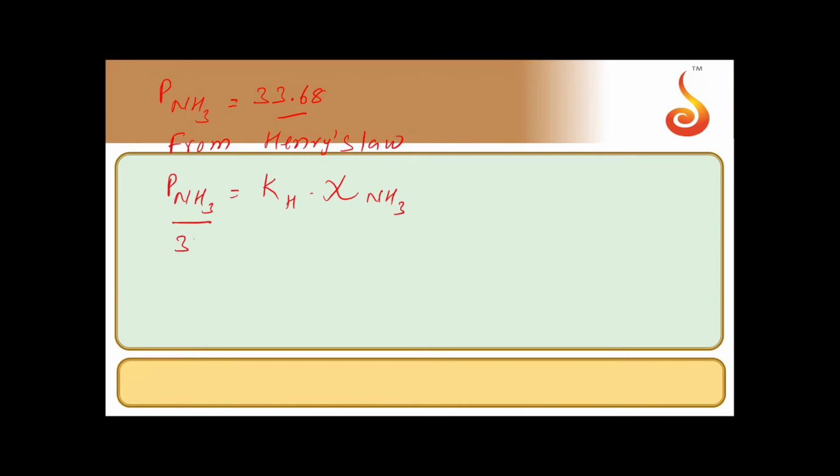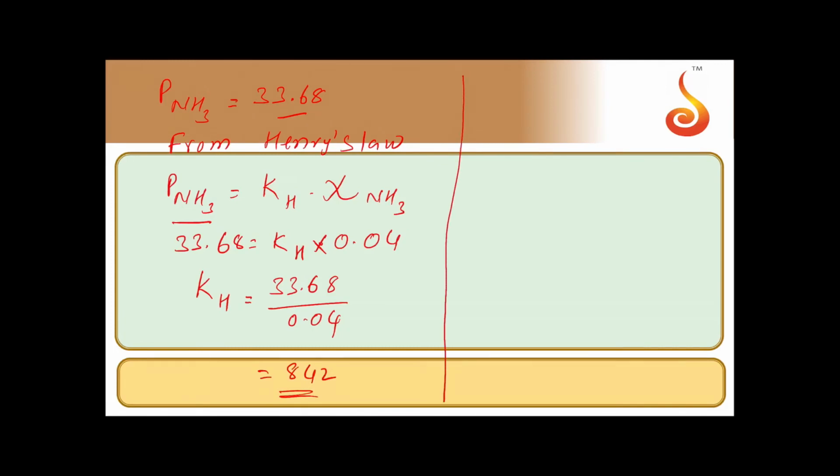The pressure of ammonia we found is 33.68, equal to KH into the mole fraction of ammonia, which is 0.04, because water is 0.96, so 1 minus 0.96 gives 0.04. Hence KH is equal to 33.68 by 0.04, which comes to 842. So 842 is the KH value of ammonia.